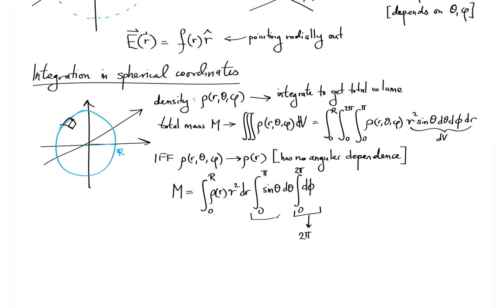And then this integral here, well, the indefinite integral of sine is minus cosine. So if I input the values here, this is basically -1, and this is 1, so it would be 2. Okay. So these respective factors give me a factor of 4 pi. So then my integral just looks like this: 0 to r, 4 pi r squared, rho of r, dr.